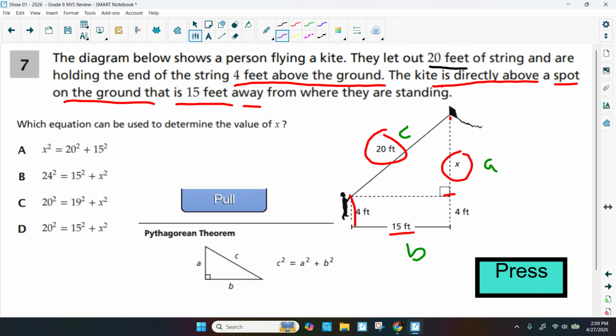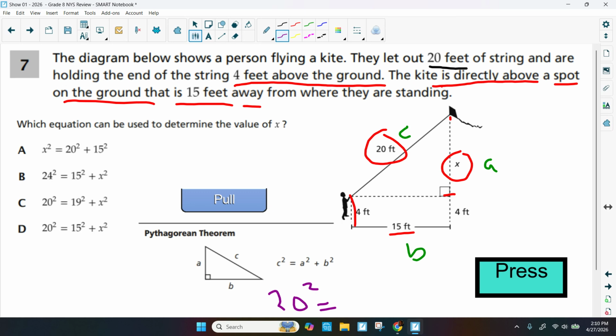So if you remember the formula, c squared, which would be 20 feet, and put a little 2 up there, is going to be equal to a squared, and a they called x.